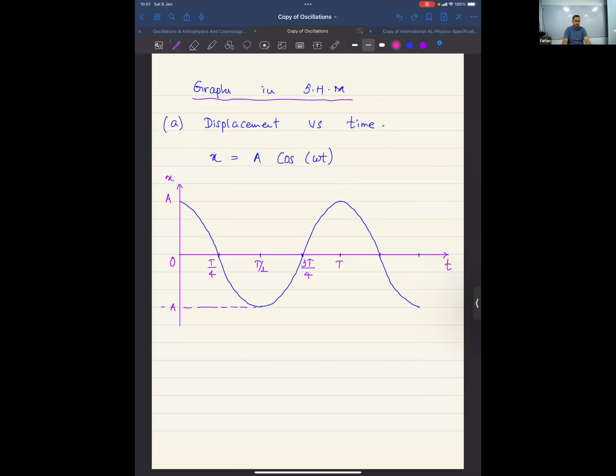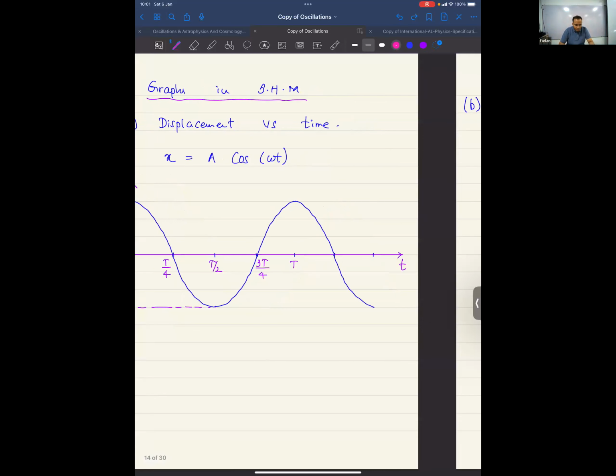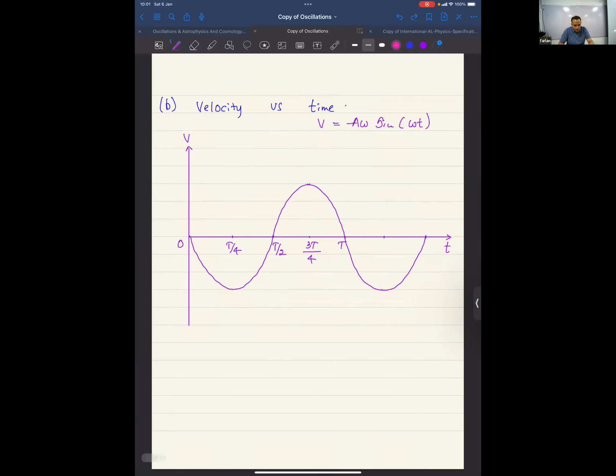Okay, right, that was part A, displacement versus time. Part B, velocity versus time. Velocity versus time will be a very similar graph, but it's minus A omega sine omega t, again a sinusoidal graph. When t is 0, the velocity will be 0 because it is at the amplitude.